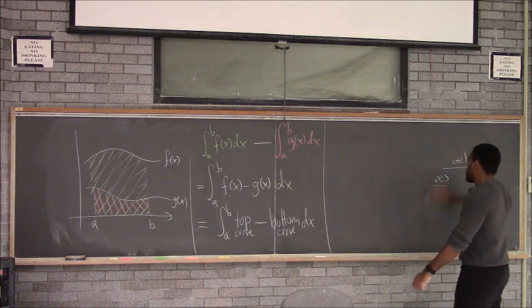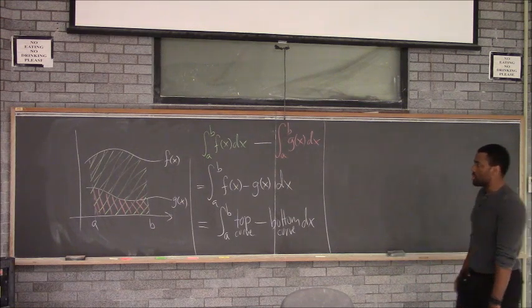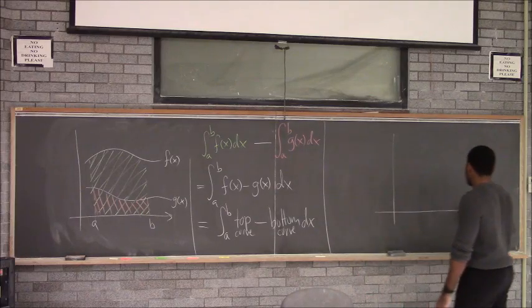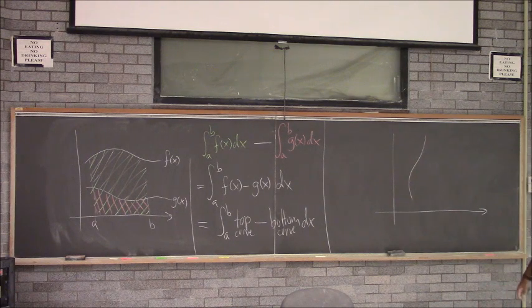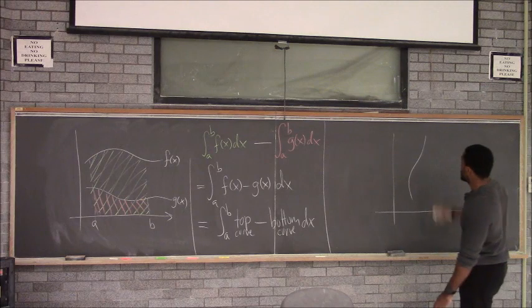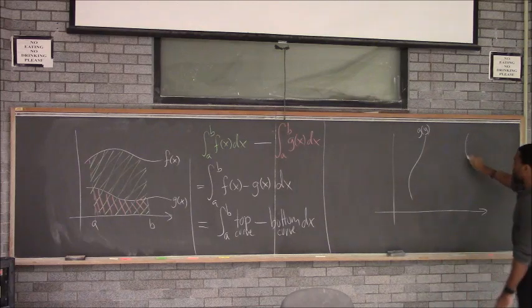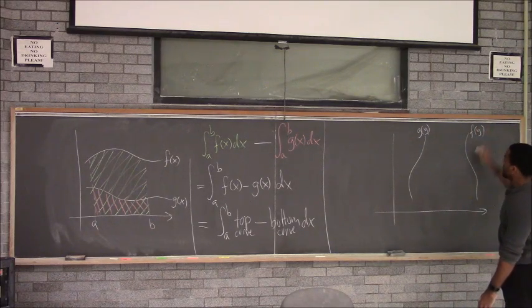Now, you're pretty much never going to be asked this, I don't think, but you should know that you could turn the situation around. So sometimes you might have a function that is best described as a function of y because it doesn't pass the vertical line test. So you might call this something like g of y. And there's another function that's like here, but in terms of y, f of y.